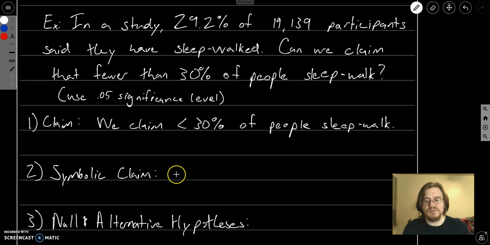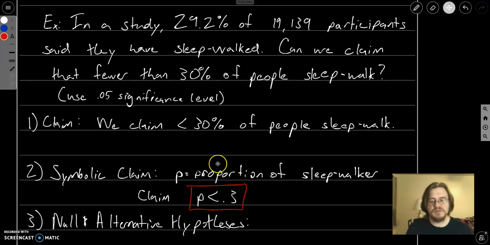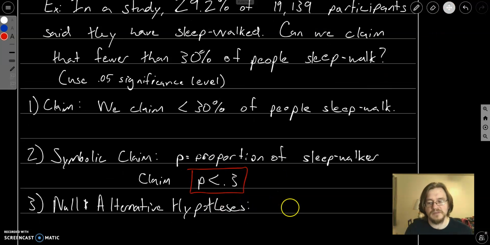So we'll let P be the percentage, or I should use more technical language, the proportion of sleepwalkers. And this is in the entire population. So our claim is that P is less than 0.3. So here is our claim, that the proportion of people that sleepwalk is less than 0.3.